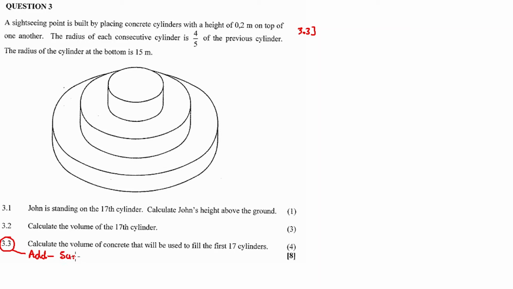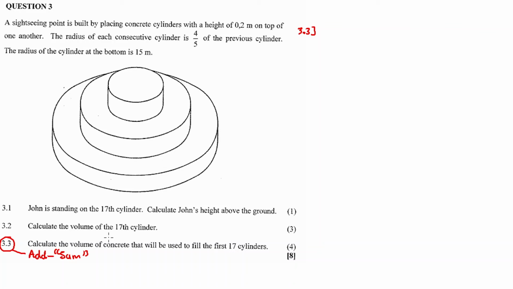So we are going to have to add all the volumes from volume number 1 all the way up to volume number 17. So it's basically a sum problem. What do we have to do? We have to find volume number 1, volume number 2, volume number 3, and see if there is a pattern, which there is. Just thinking about it, I can see there is a pattern, but I'm not sure if it's arithmetic or geometric, but we'll find out.